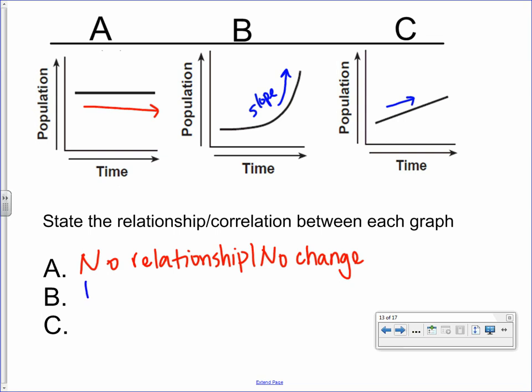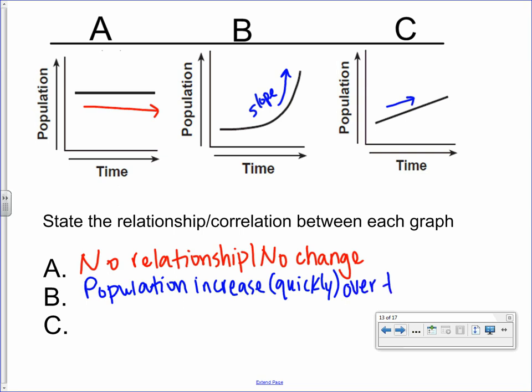Okay, so population increase quickly. We're copying. Population increase quickly over time.